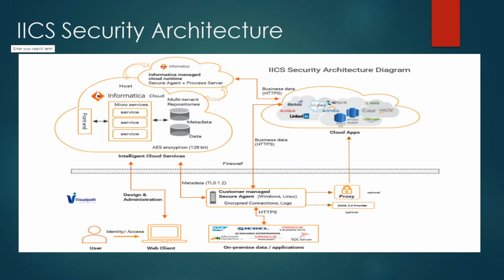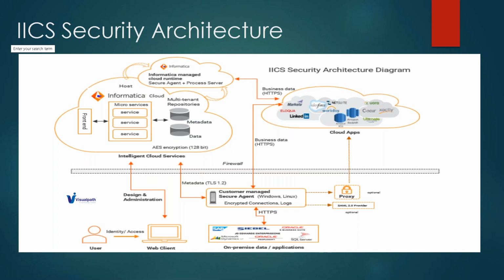There are two types of systems that we hear a lot about: on-premise and cloud. The difference is that on-premise is within your organization, within your network, where you can manage your data. Informatica Cloud is a microservices-based multi-tenant repository where the metadata is hosted in the cloud.